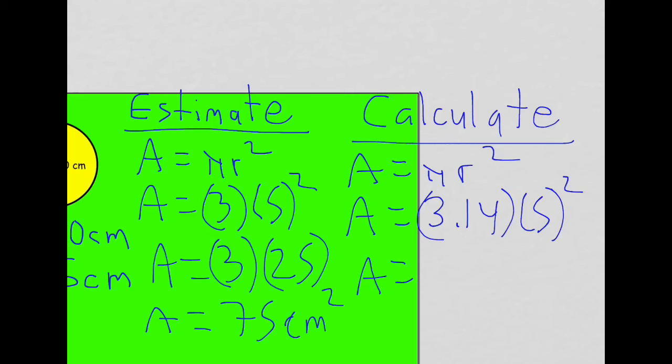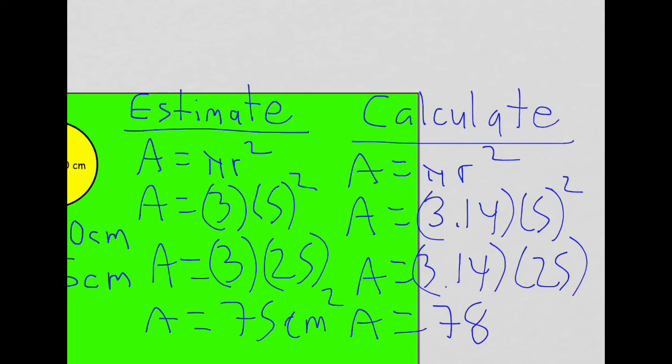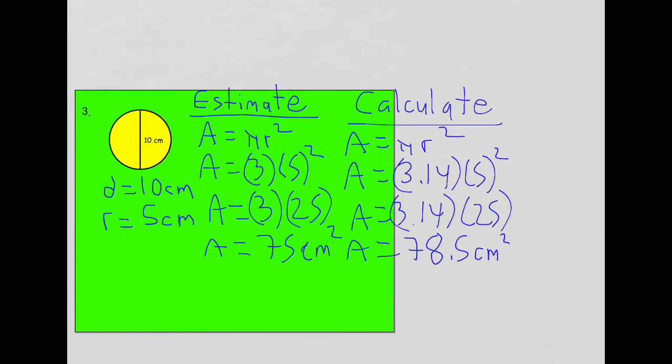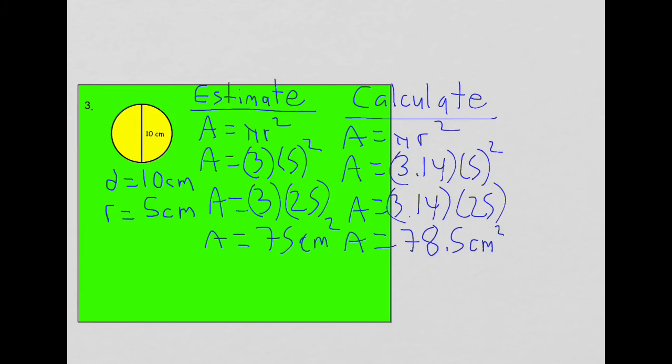A equals 3.14 times 25. And a equals 78.5 centimeters squared. Okay, so the only thing that was different in this one is we were given the diameter and we had to figure out the radius first because we need to know the radius for our area math equation.